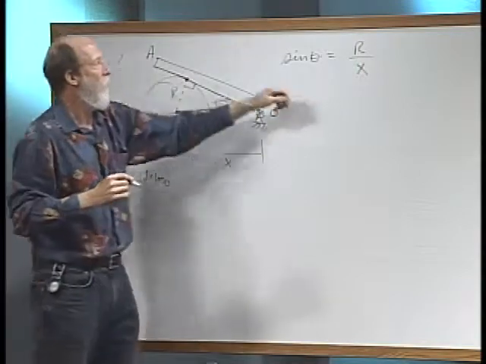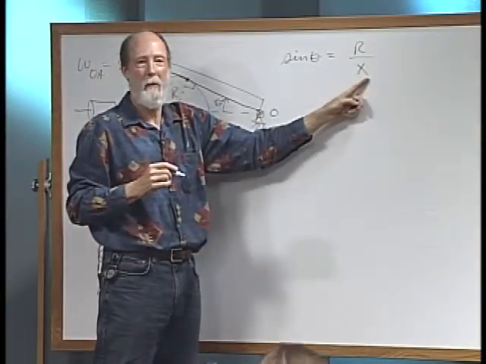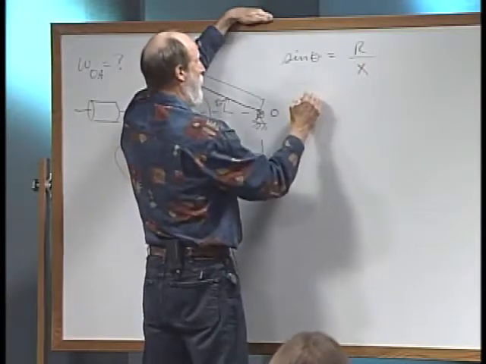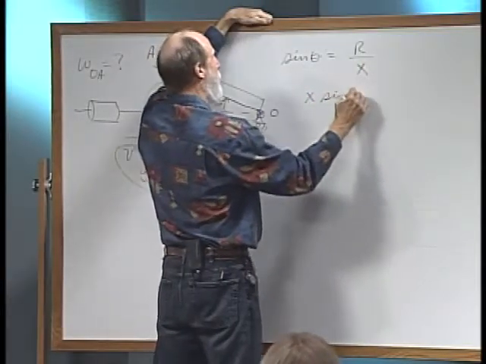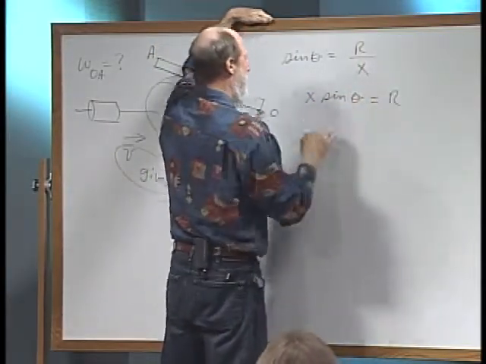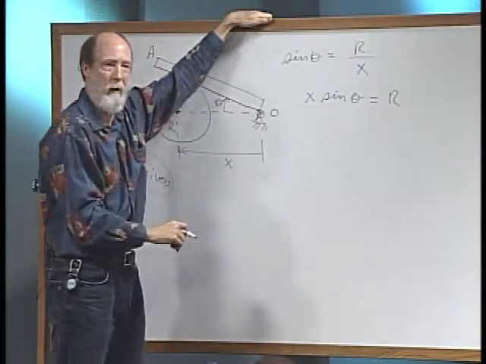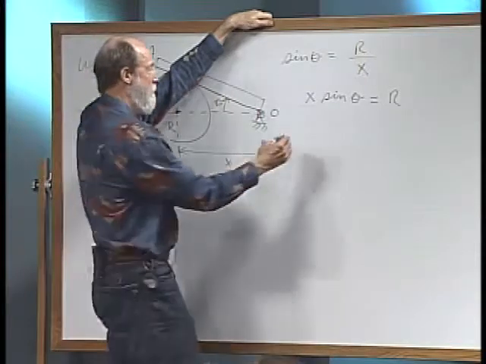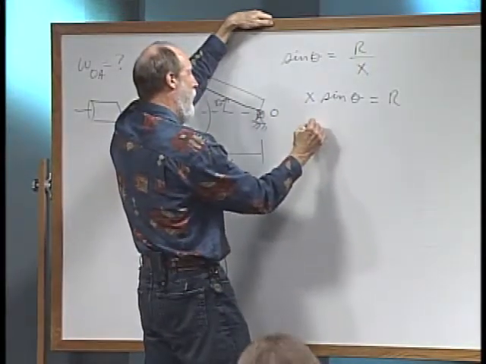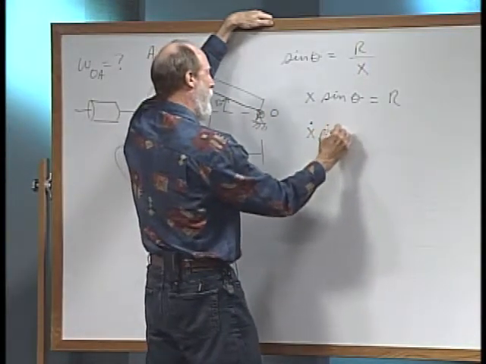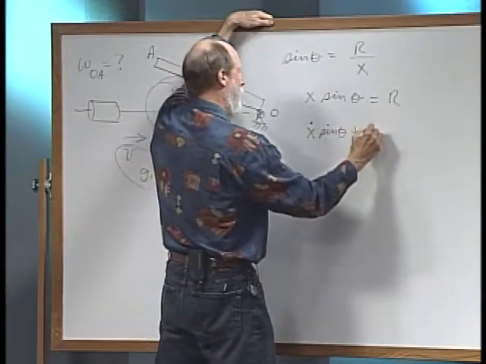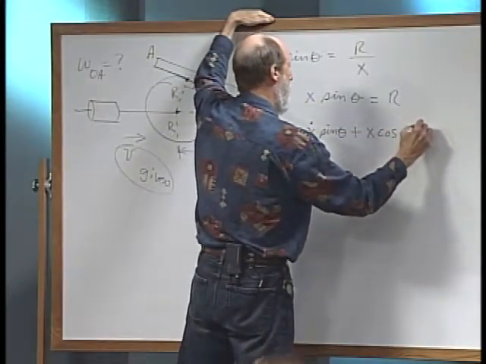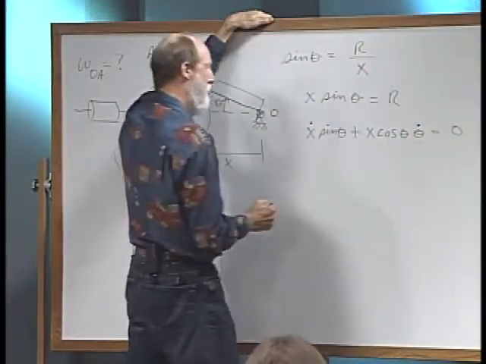I try to avoid using the quotient rule just because it's cumbersome. So what I'd probably do is rewrite this way and differentiate with respect to time. So we get x dot sine theta plus x cosine theta, theta dot equals 0.